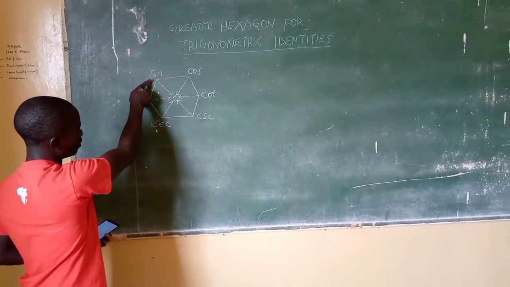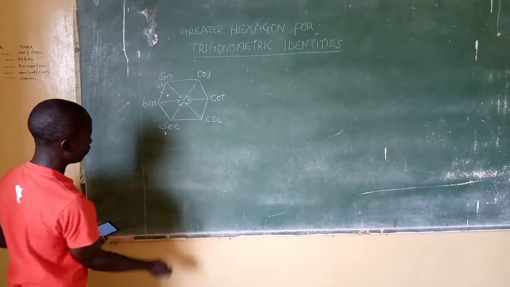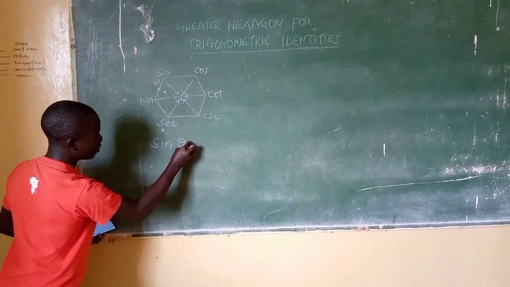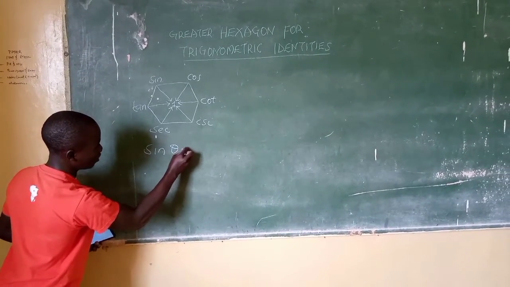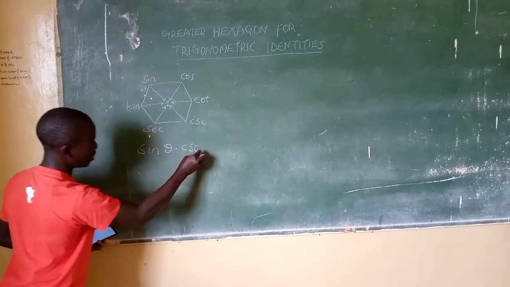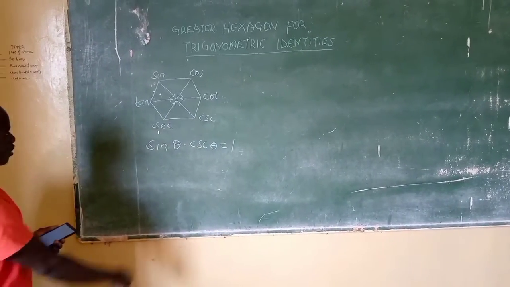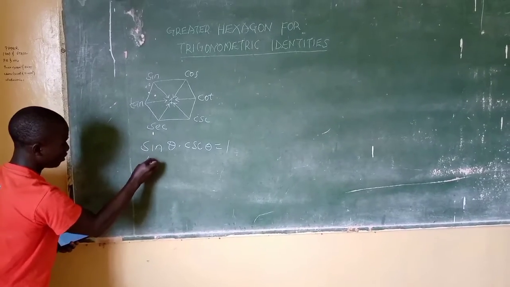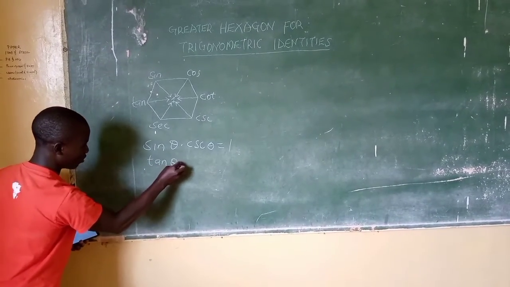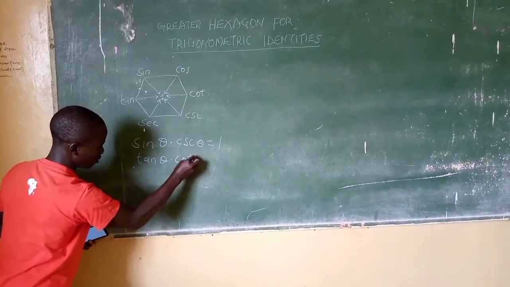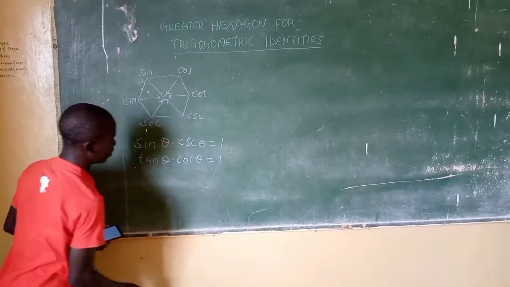If you take the sine of the angle, sine theta, then you multiply by the cosecant, the opposite identity, the result is 1. Same for the tan of that angle multiplied by the opposite identity, which is cotangent, the result is 1.